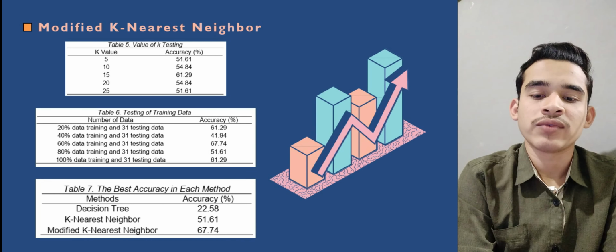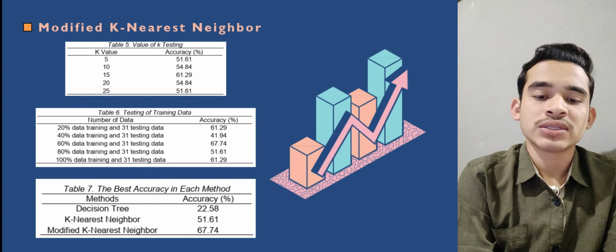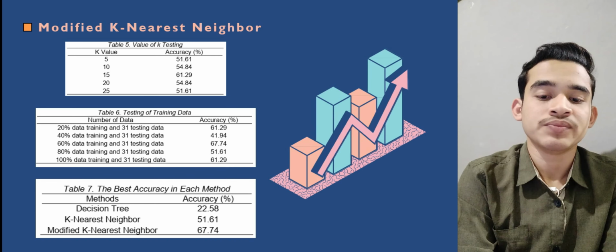The next test is using data variance. The test data use multiples of 20% using K equal to 15. So the testing of training data in table 6 proves that training data of 60% gives a maximum accuracy of 67.74%. This proves the training data 60% has a good spread of training data and provides a better solution.